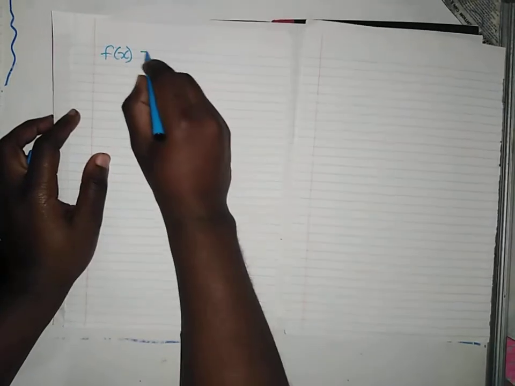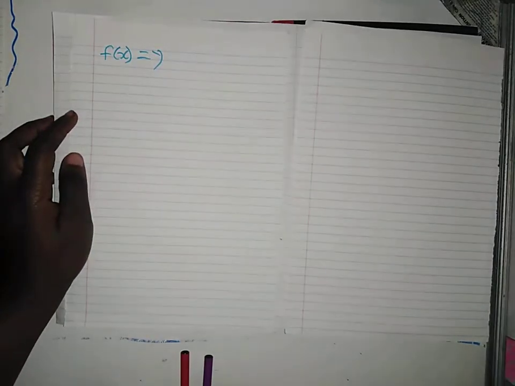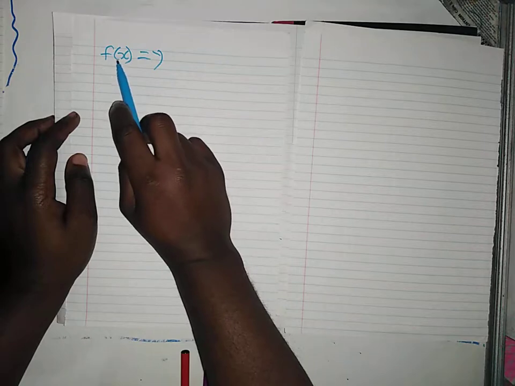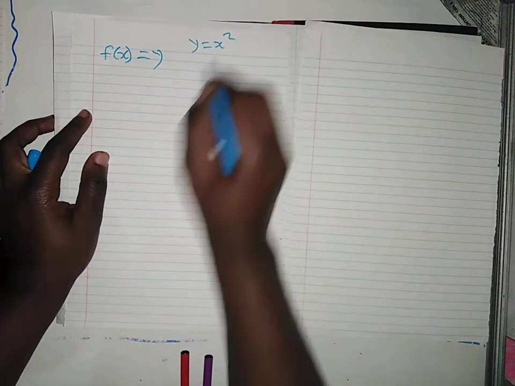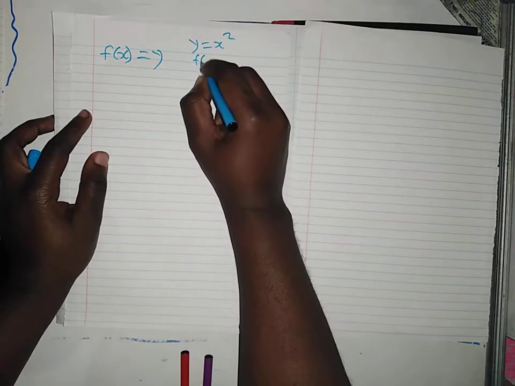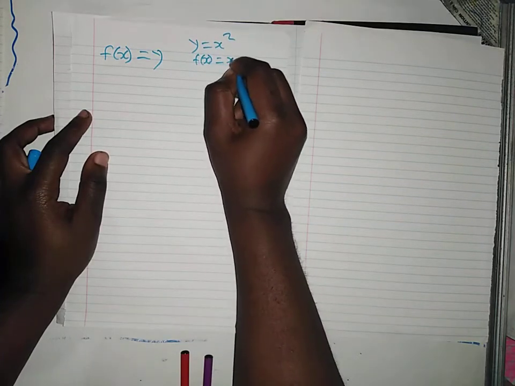So number one, what I want to get out of the way is that when they are talking about f of x, they are talking about y. Most of you should know by now that f of x and y are one and the same thing. So for example, you can have an equation and say y is equal to x squared, or you can say f of x is equal to x squared.